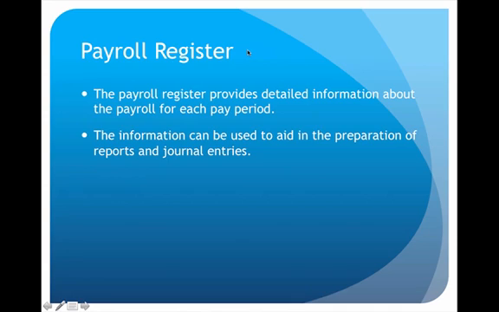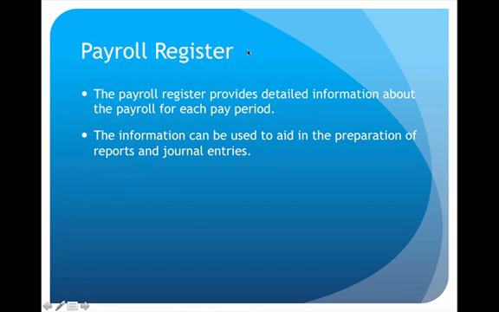Now, the payroll register. This is a document, could be a physical document or electronic, and it provides detailed information about the payroll, and it does this for every single pay period. So it will show the gross pay, the FICA taxes, the unemployment taxes, the income withholding, all the possible deductions, the net pay.